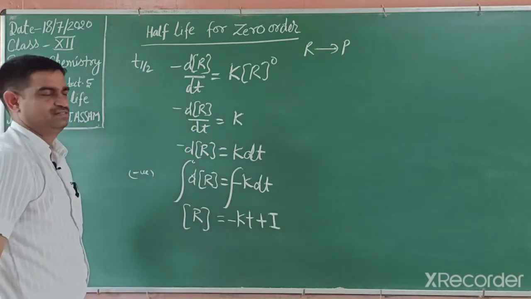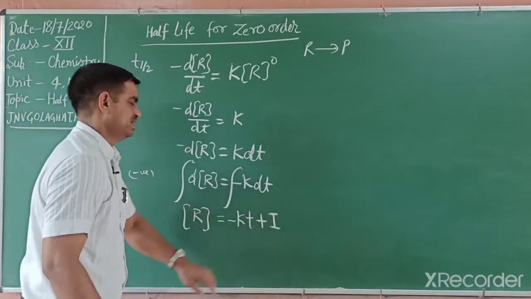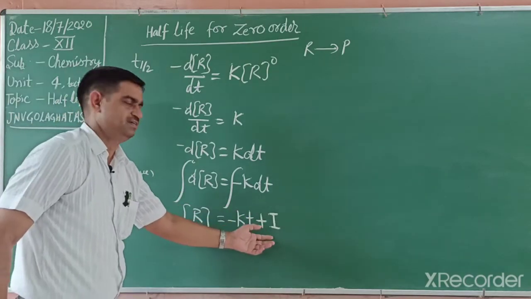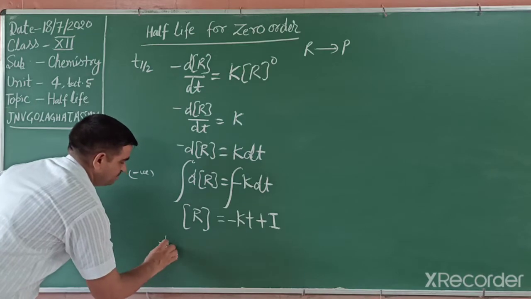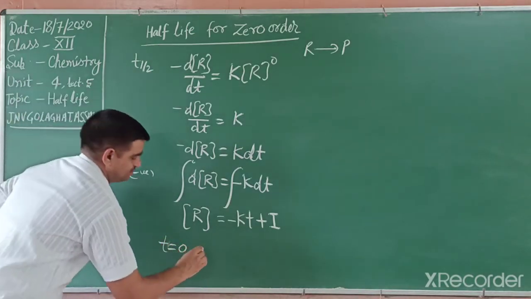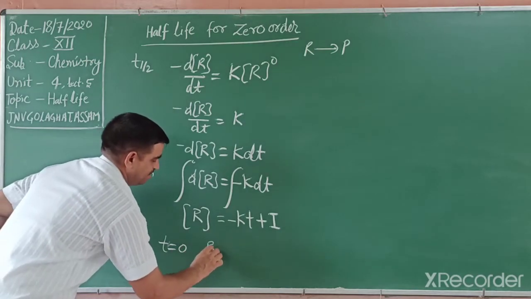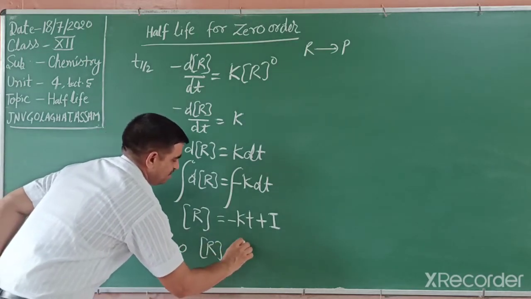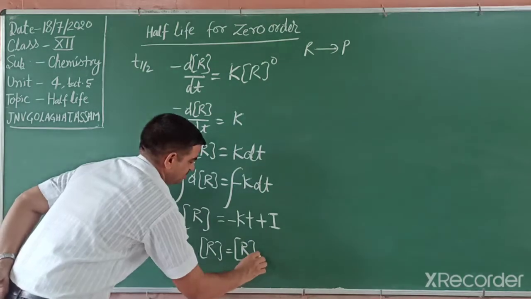Earlier we studied this. This integration constant I value we want to identify when time t is equal to 0, that is when reaction is not started, then in place of R we write R naught, initial concentration.